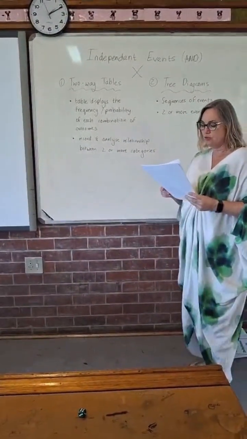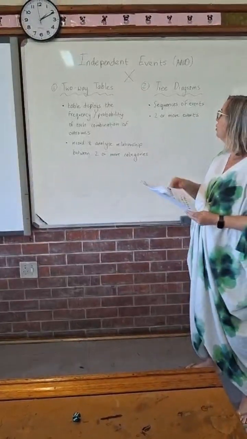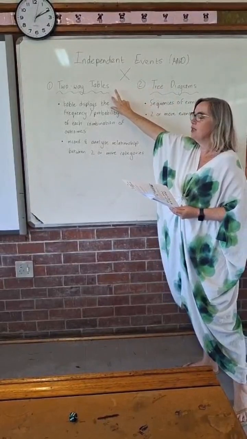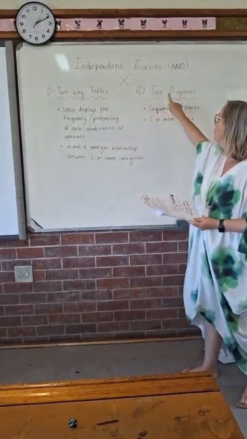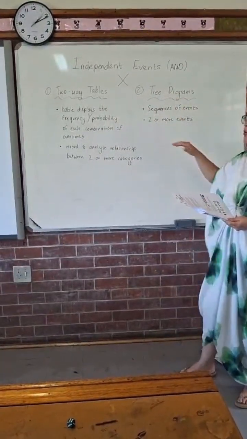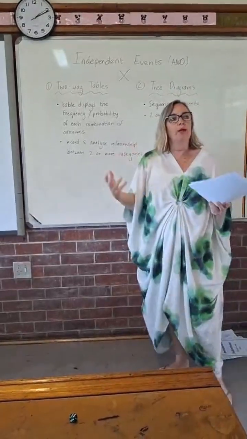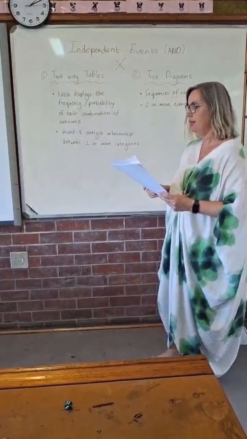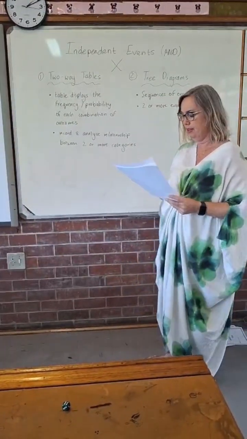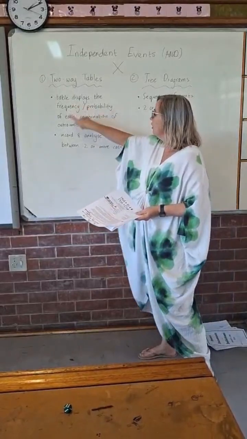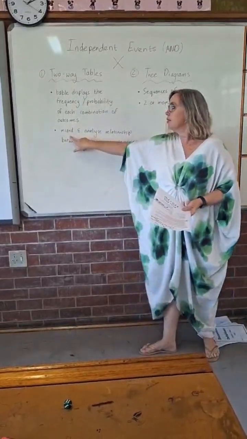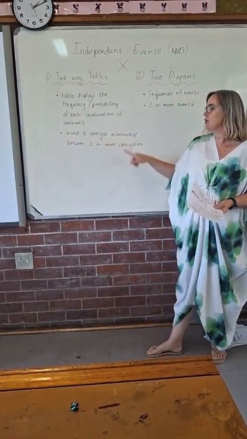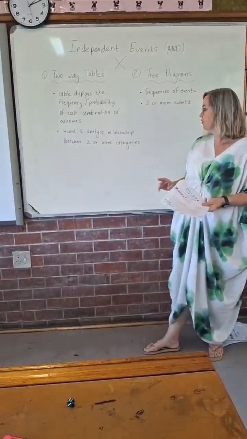Okay, so today let's focus in particular on compound events or independent events. There's two ways we can look at it: two-way tables or tree diagrams. What do we mean by two-way tables, and how do we use them for working out the probability of compound events? Two-way tables record and analyze relationships between two or more categories.